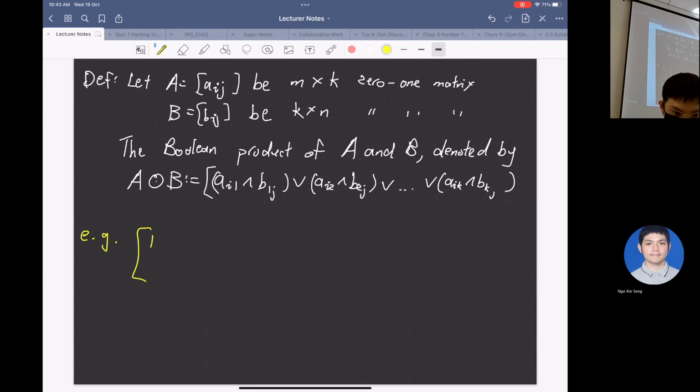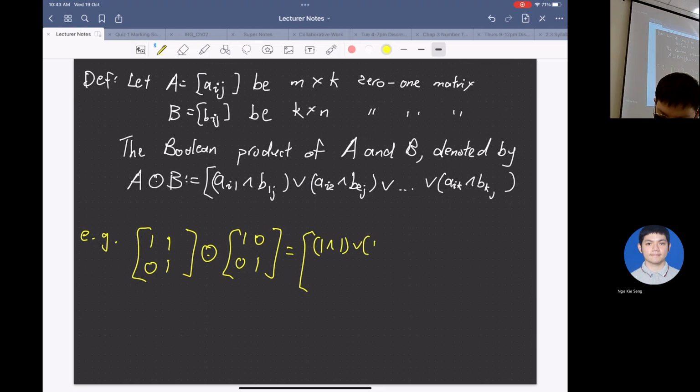Okay, for example, let's take the product of these two. For the first entry you get 1 and 1 or 1 and 0. And then the second entry you get 1 and 0 or 1 and 1.